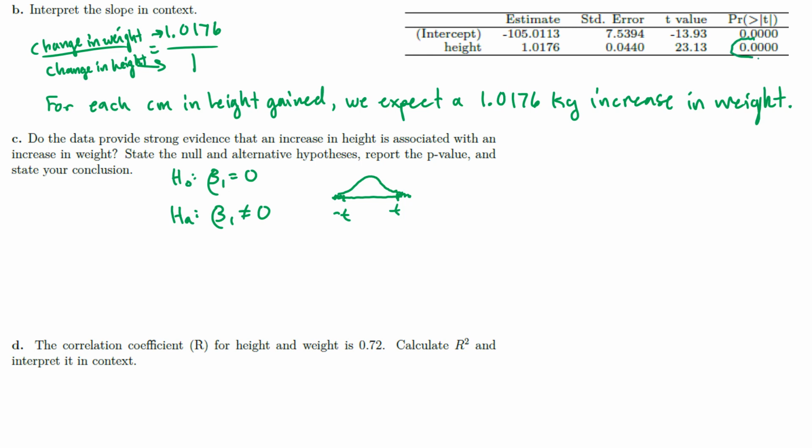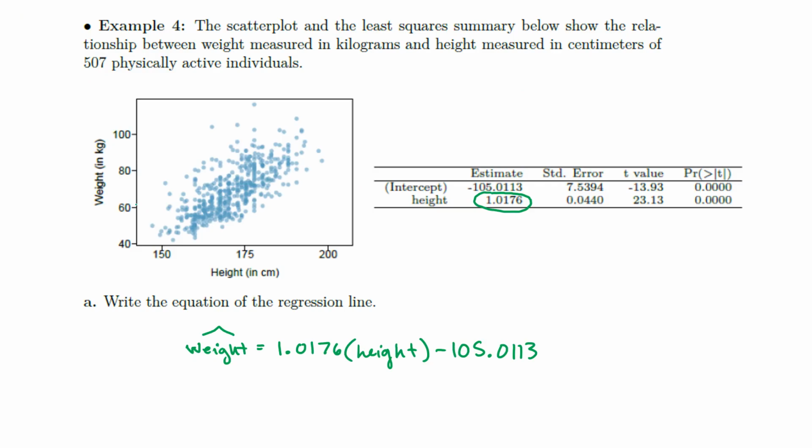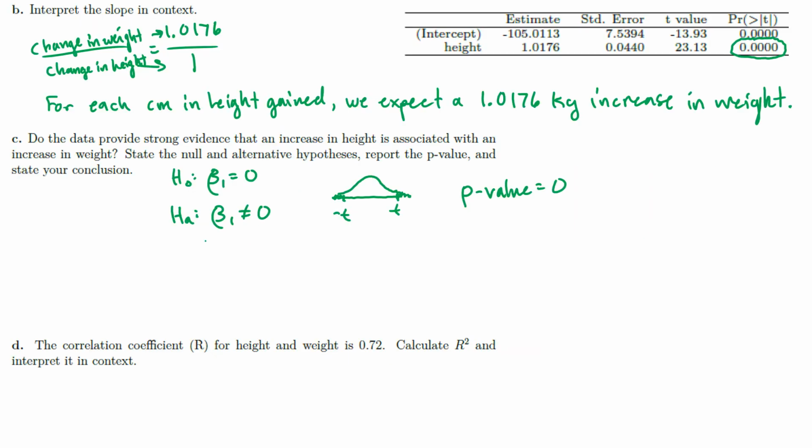But again, we're just going to grab this number here, and what you can see is that the p-value is 0. That means that there is no way that this happened just due to randomness. And that makes sense because look, we got 507. You can't really get lucky, right, and have a pattern show up like this if there wasn't an actual relationship in the population when you take a sample size of 507. So that would mean we reject the null hypothesis.